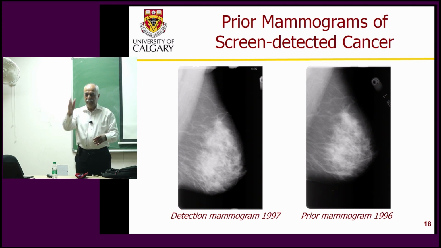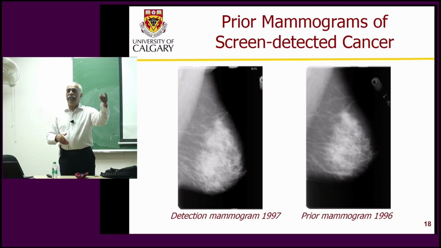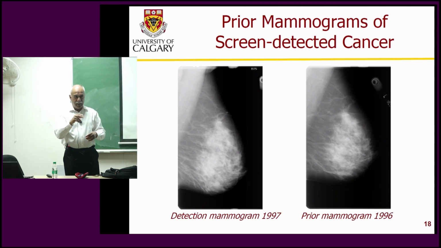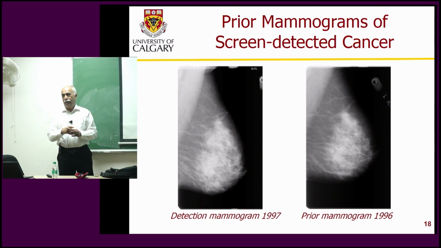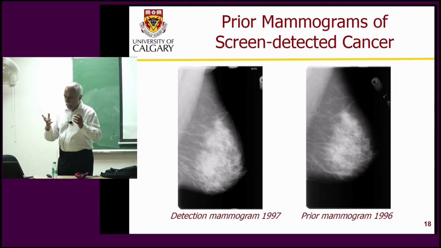Let's say in the year 2000, cancer was detected. And the radiologist will always go back and look at 2 years before 1998, 2 years before that 96, what was there? Did we miss something? So those previous images are called prior mammograms, prior to detection. And this is screen detected in the sense cancer was detected in the screening program.